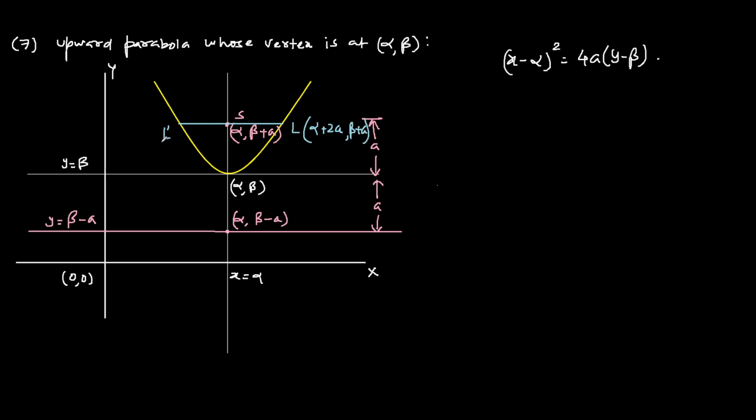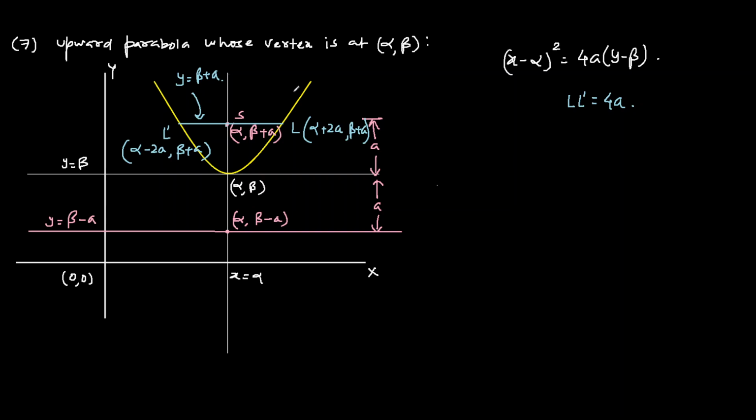The coordinates of L dash are alpha minus 2a, because SL dash, this distance, is 2a, and the y-coordinate is beta plus a. So the length of the latus rectum L L dash is 4a, and we can write the equation for this latus rectum as y equal to beta plus a.